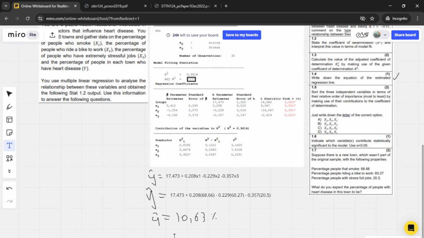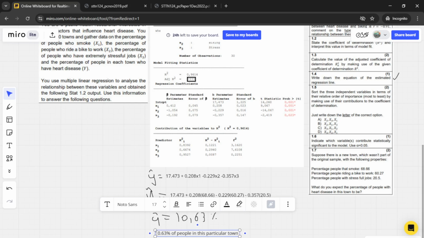So you can even write it in words and say 10.63% of people in this particular town are estimated to have heart diseases.